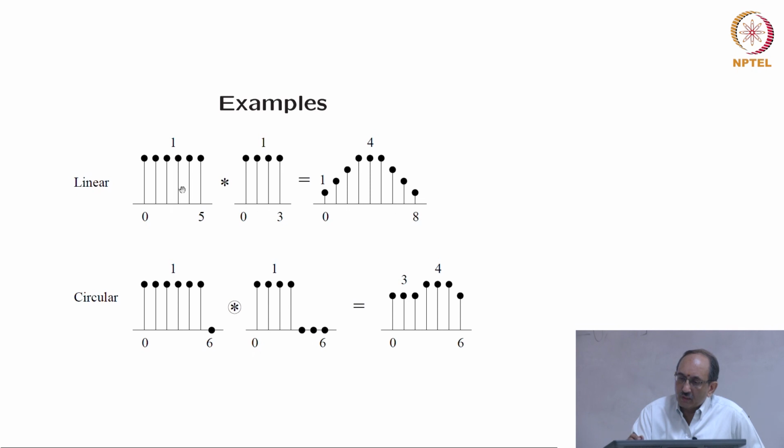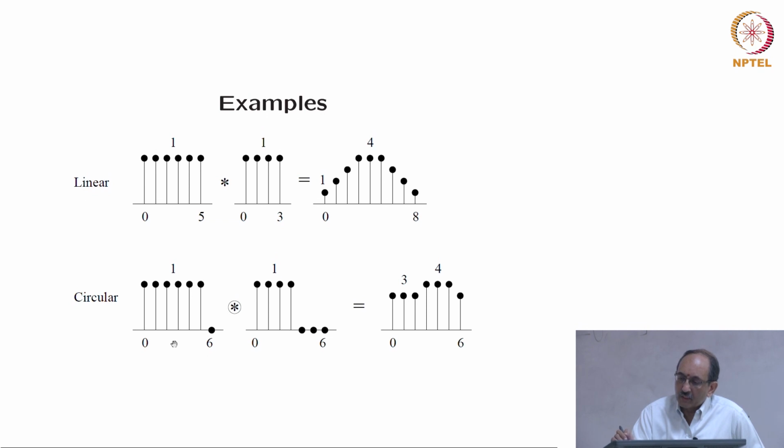So we will take this sequence and make it periodic with period 6, just as an example. Similarly, we have taken the second sequence and also made it periodic with period 6.